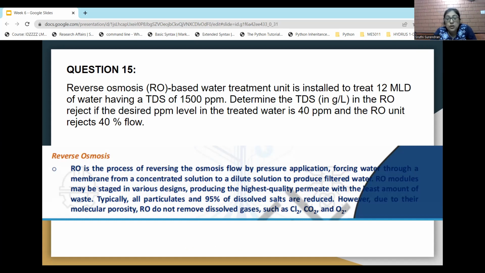In case of treated water, they have given us the amount of total dissolved solids, and 60% of the water is being treated. It's coming under treated water. So what will be the TDS? Again, if you play with the units, you will be able to get the answer. You can give it a try and wait for 2 to 3 minutes.